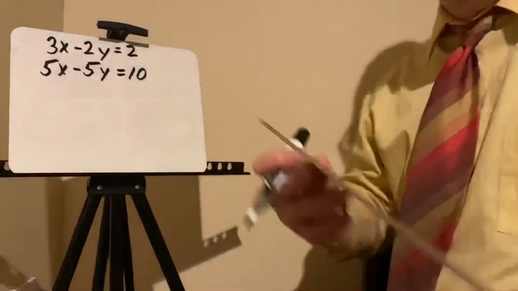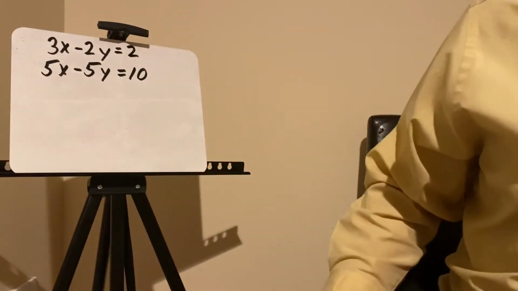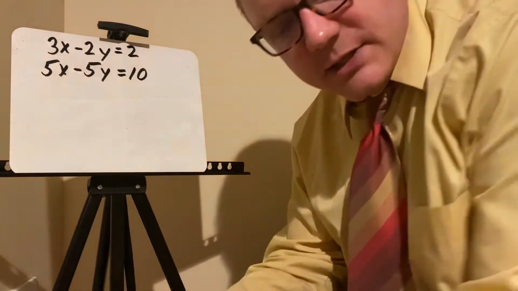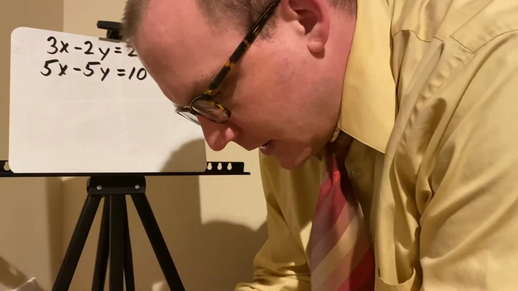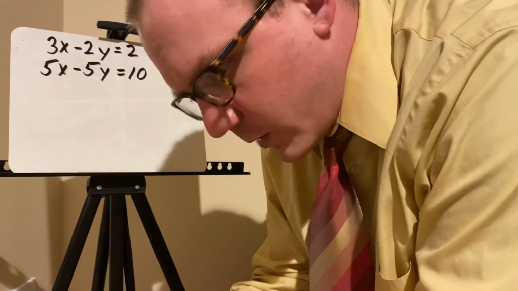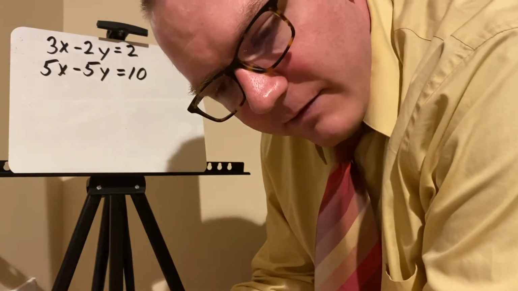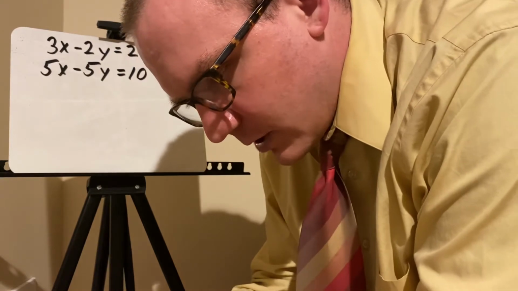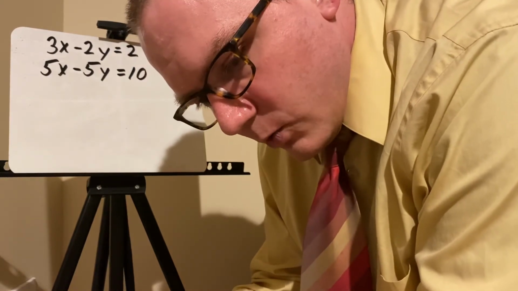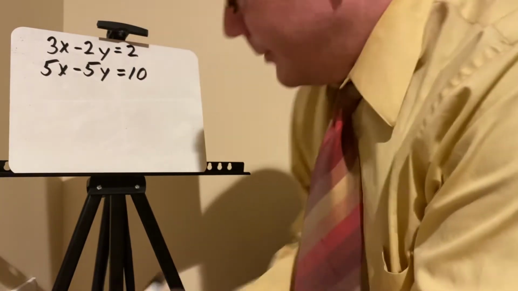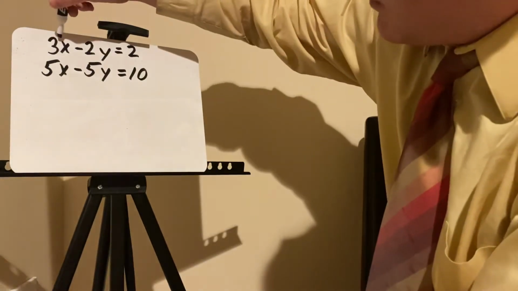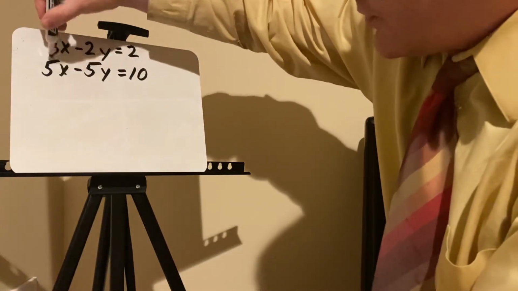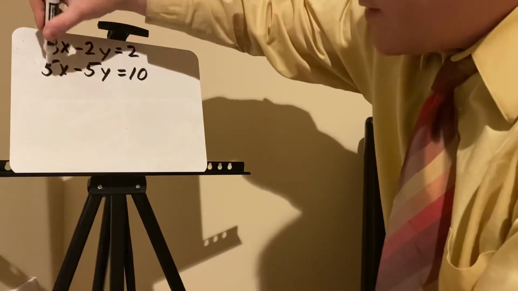There's a third type of equations that you'll need to solve with elimination, and in this one, you actually need to multiply both equations by a factor that will create equal coefficients on one of the two variables. In this case, I have 3x and 5x, so a common multiple of 3 and 5 is 15.